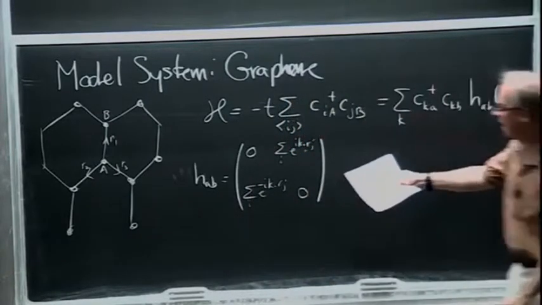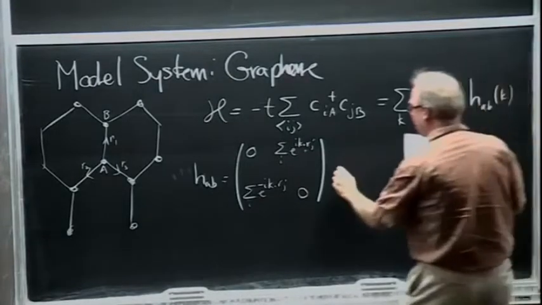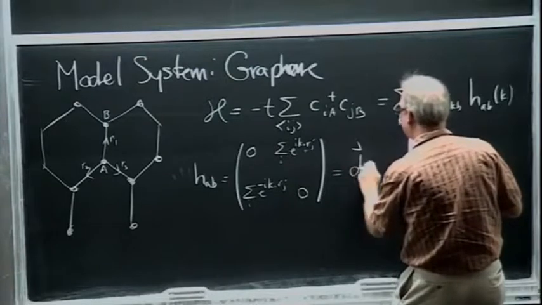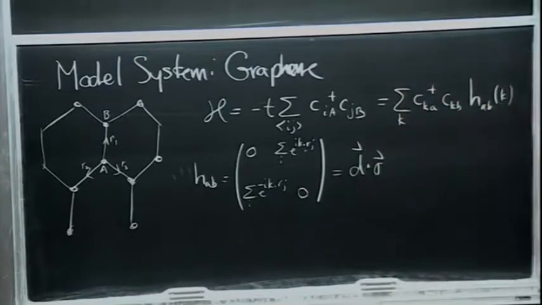So this is the Hamiltonian, and I can write this if I like as d dot sigma, the same way I did before.